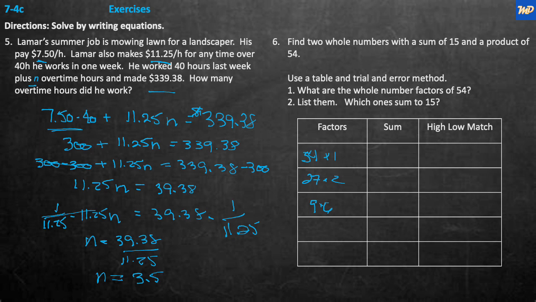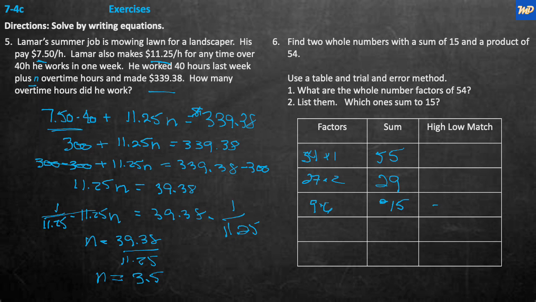So now what are the sums? 54 plus 1 is 55. Is that high or low? Does that match? 27 plus 2 equals 29. The next one, 9 times 6 is 54, and 9 plus 6 is 15.